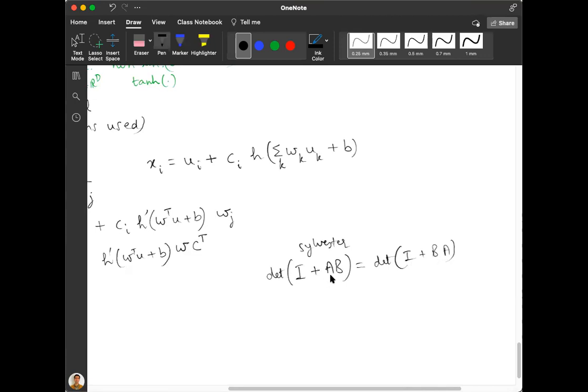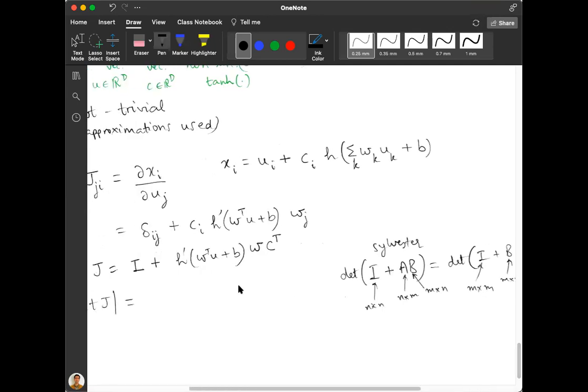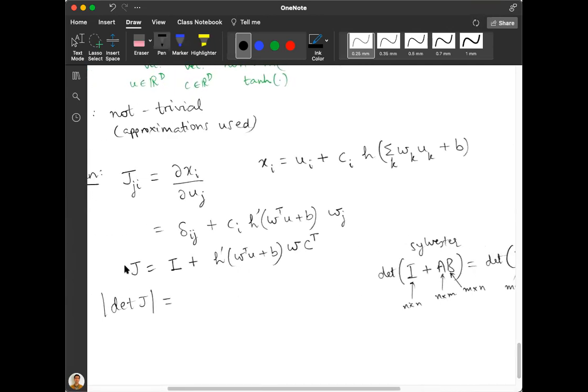So let's say A is n cross m, B is m cross n, and I is n cross n here. So here, this is m cross n, this is n cross m, so this is m cross m. Can you use this identity to find out the determinant of this?